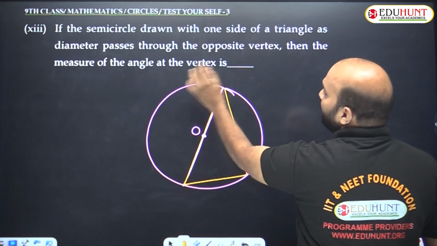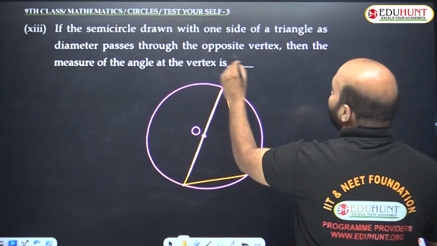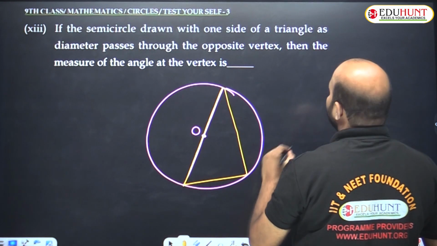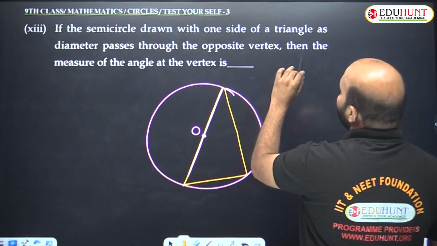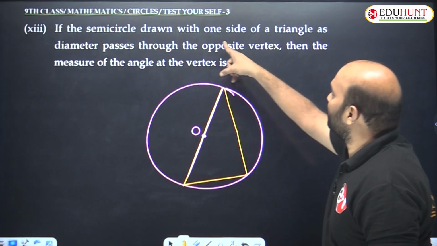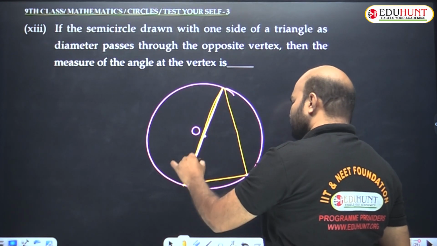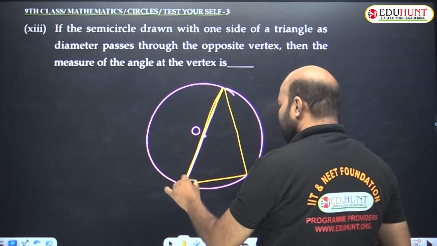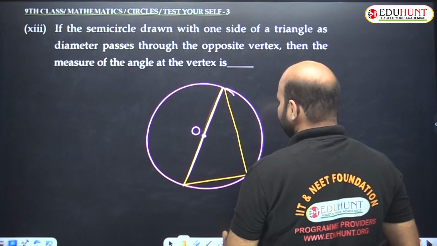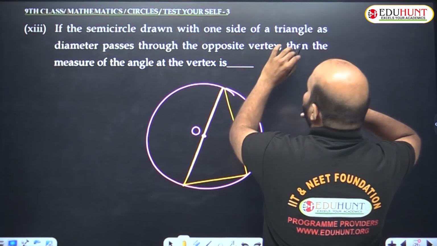So let me take a triangle also. So this is a triangle. Semicircle drawn with one side of a triangle as the diameter passes through the opposite vertex. This is the opposite vertex. Am I clear? So firstly, the semicircle is drawn with one side of a triangle, already drawn.